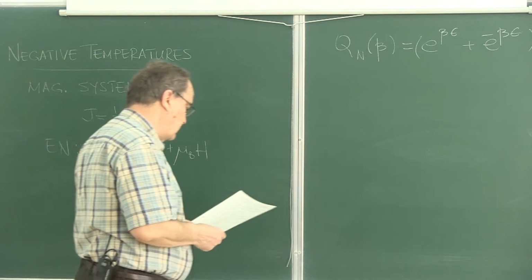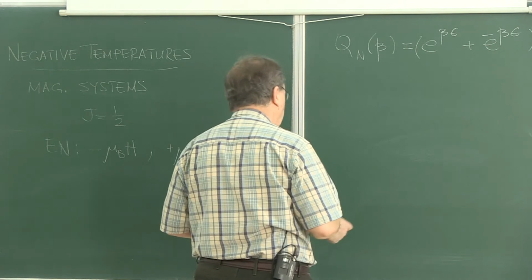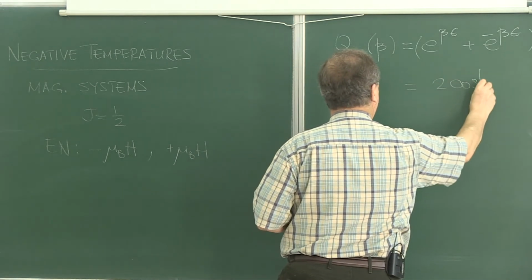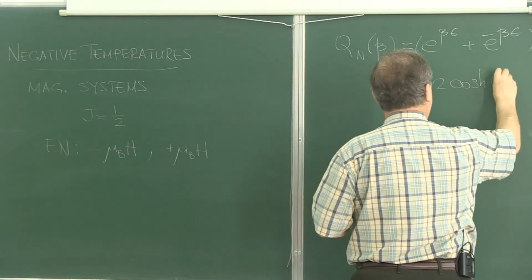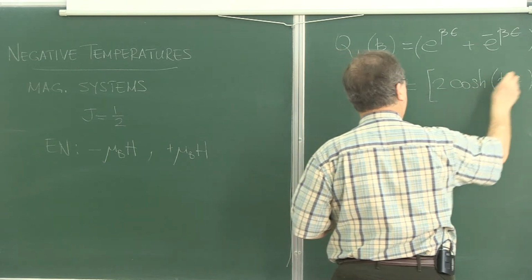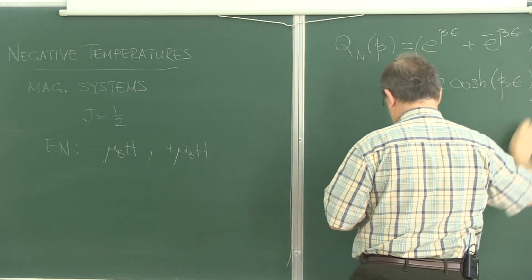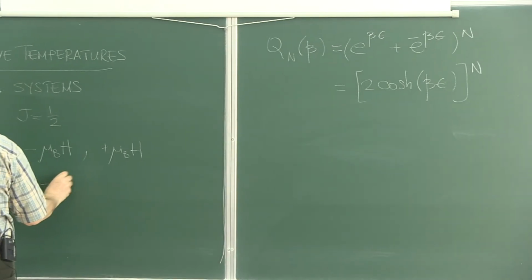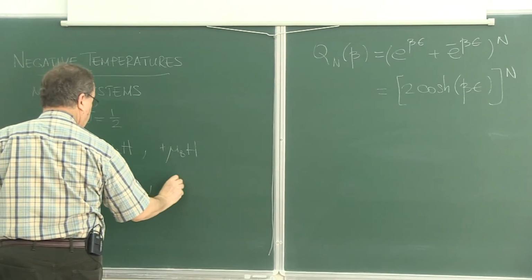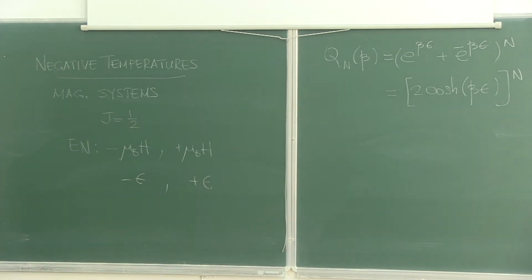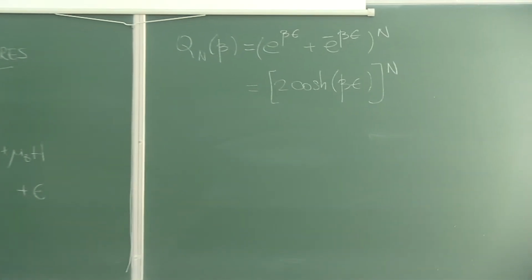You can write the partition function as 2 cosh(beta epsilon) to the power N. And of course, this is minus epsilon, that is plus epsilon. Epsilon is nothing but mu B H.